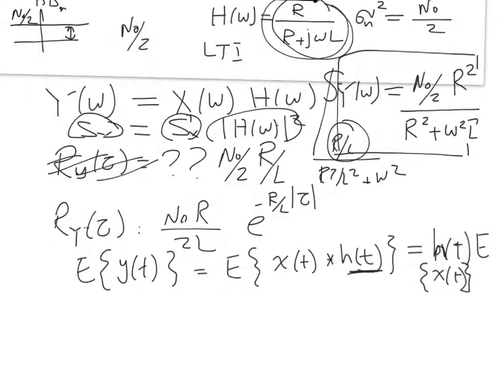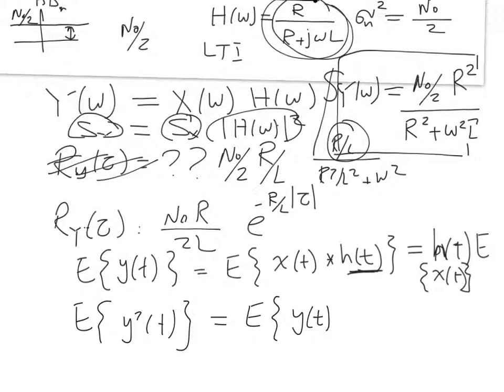Same concept, right? The variance is defined as the expected value of y squared, which is equal to the expected value of y of t times y of t. But then this is equal to Ry of tau.